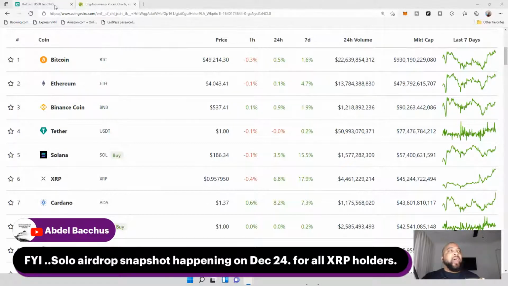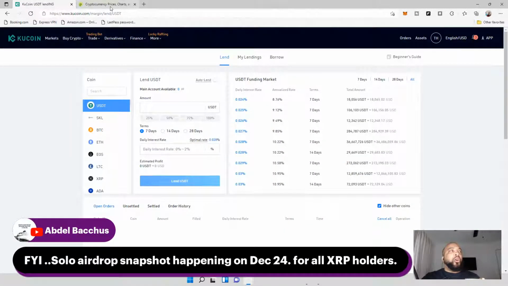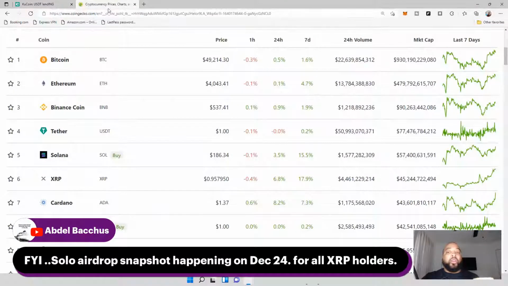If you have your crypto on KuCoin or a centralized exchange, are you eligible to receive the airdrop tokens? That's what I'd like to know.